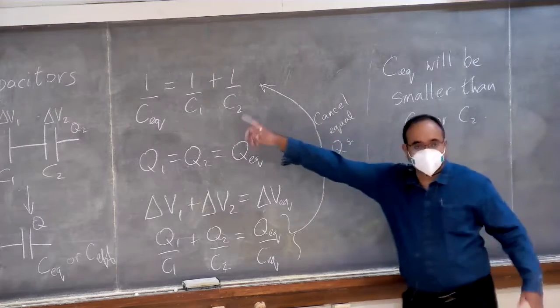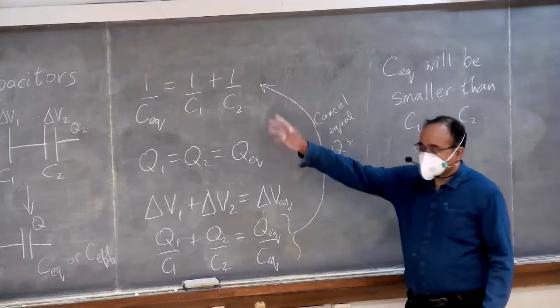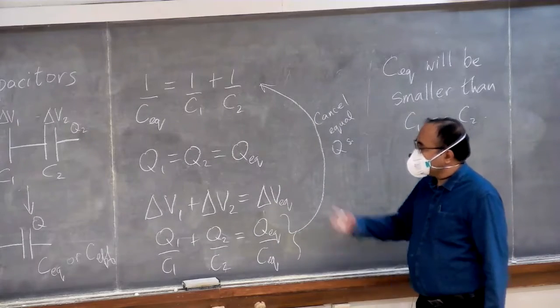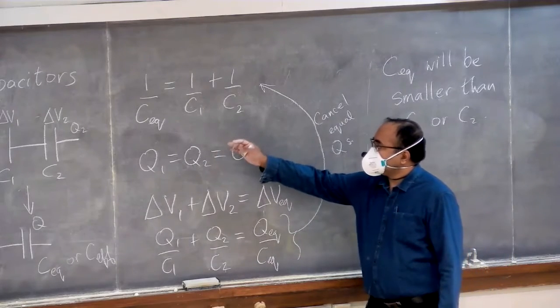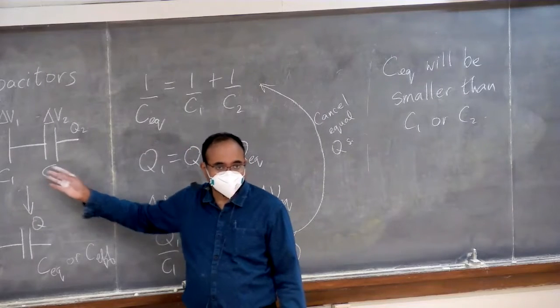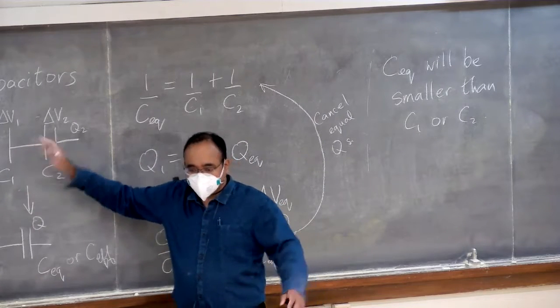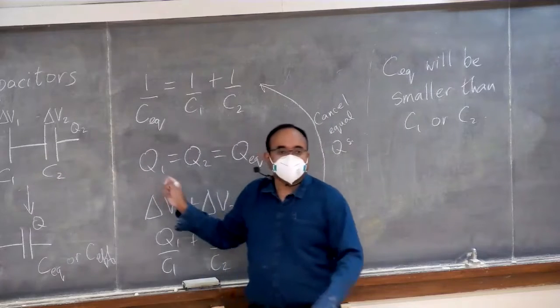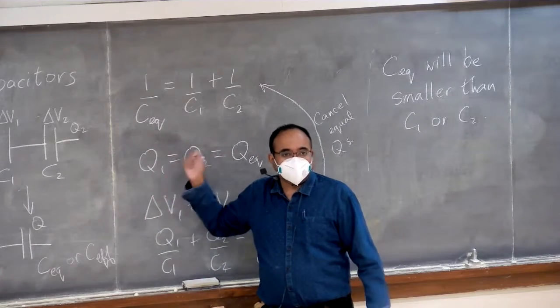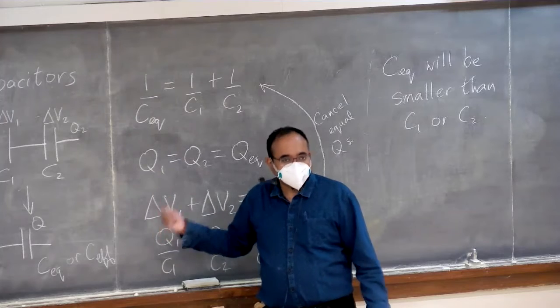You can use this formula to figure out how it relates to the combination. We can extend this, it doesn't have to be just 2. You could have many of them in series. Supposing you had 10 microfarad, 10 microfarad, 10 microfarad, and then 2 microfarads, the equivalent one will have a number less than 2.